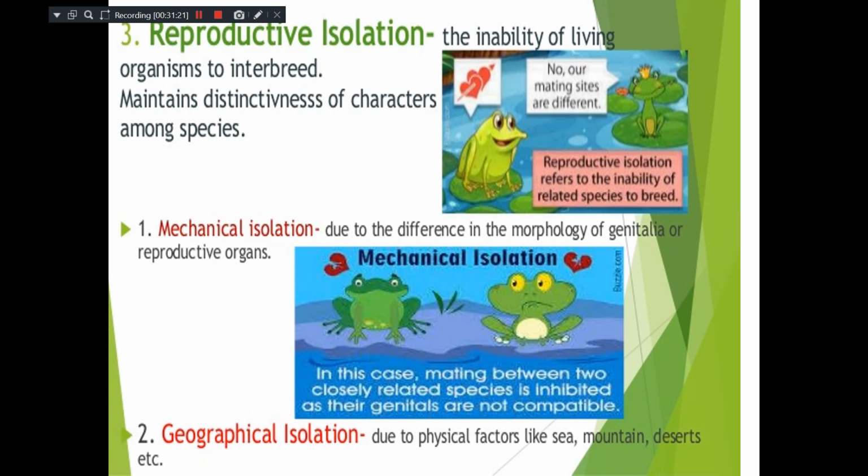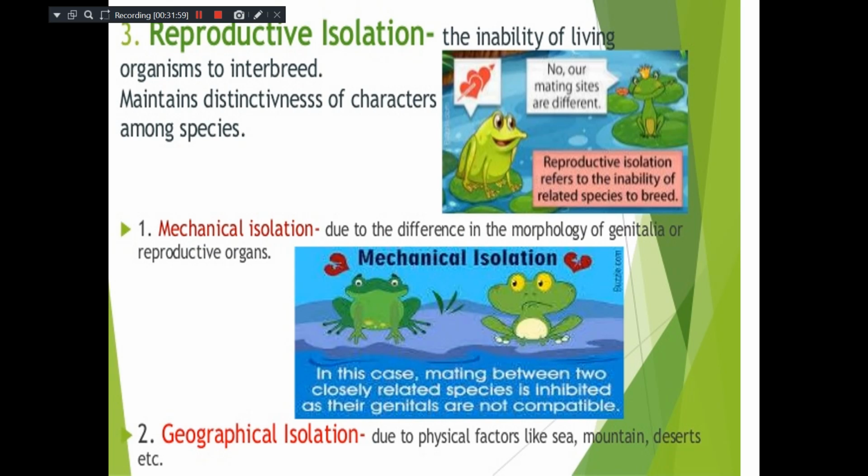Within that population, the members fail to interbreed, maybe because some species maintain distinctiveness of characters among the species, or mating sites may be different. That is the inability of related species to breed. This can also contribute to variation.